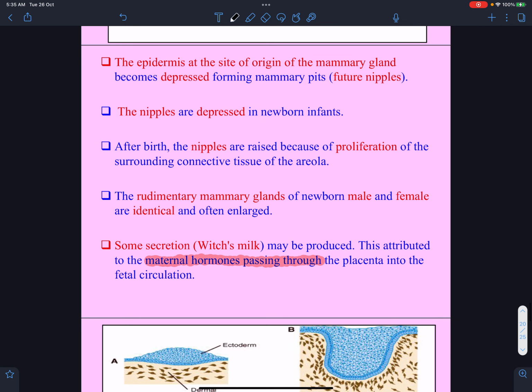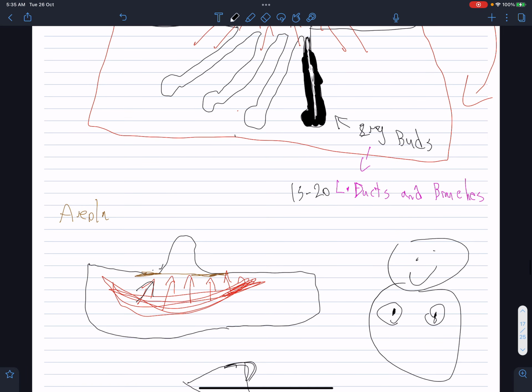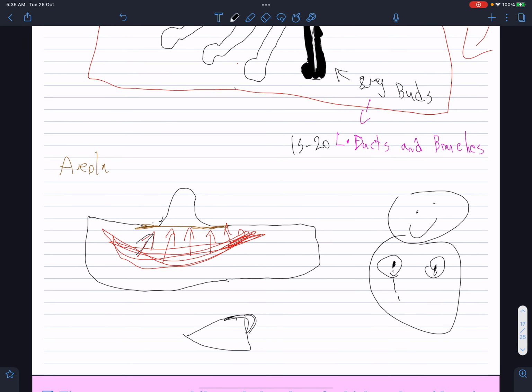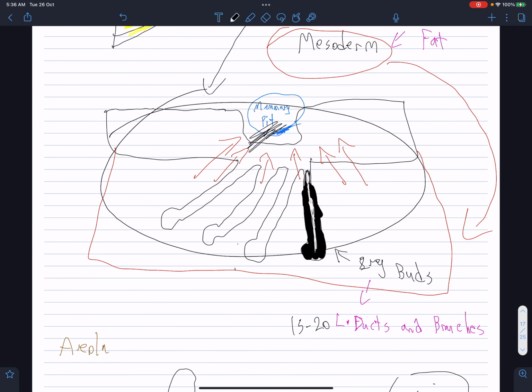And of course, one more thing is secretion, which is milk, that Dr. Sherbini has mentioned before. Tamam, in babies, there may be small amounts of secretion coming from the nipples. The reason is that during pregnancy, before breastfeeding, there is a transfer of maternal hormones like estrogen and progesterone across the placental barrier into the fetal circulation, which interact with this entire development and promote secretion of tiny amounts of milk fluid.